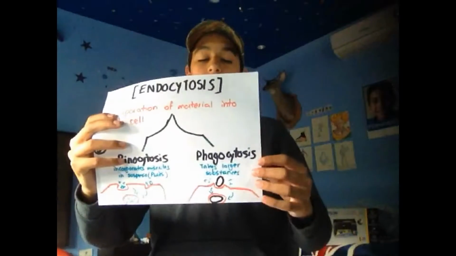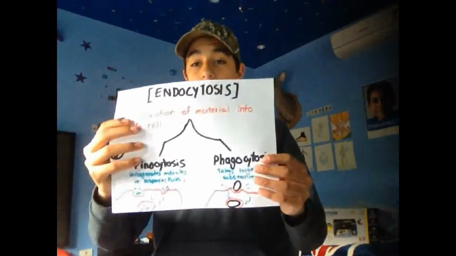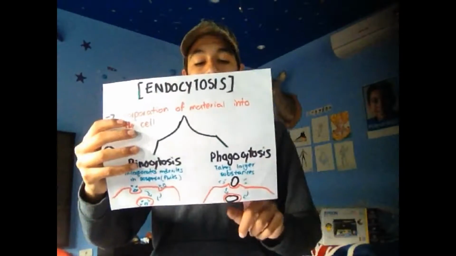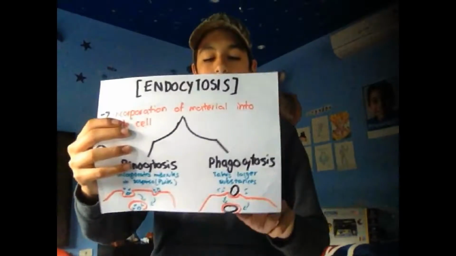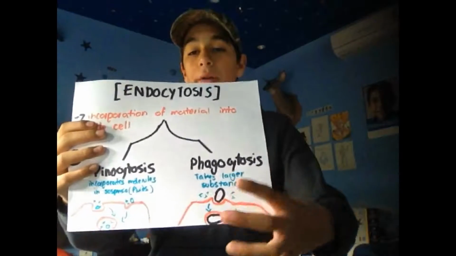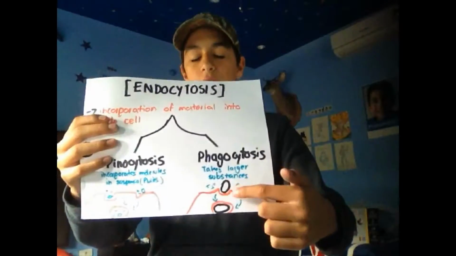And phagocytosis is the one that takes up greater materials like a bacteria or any other solid, and we can see how the water or the liquid is staying outside the cell and it's the solids going into it.